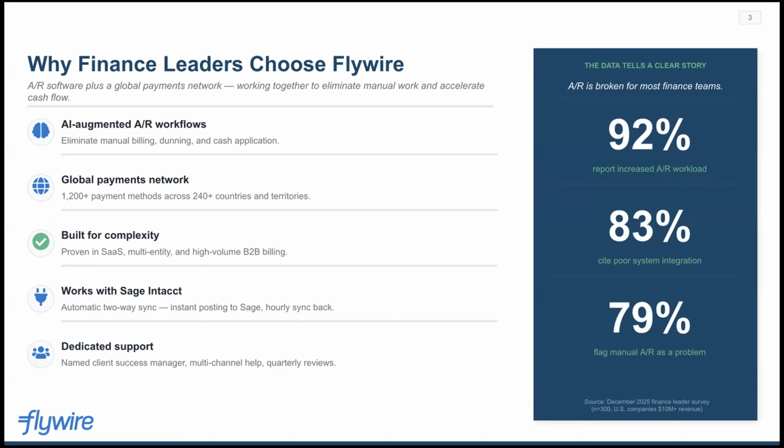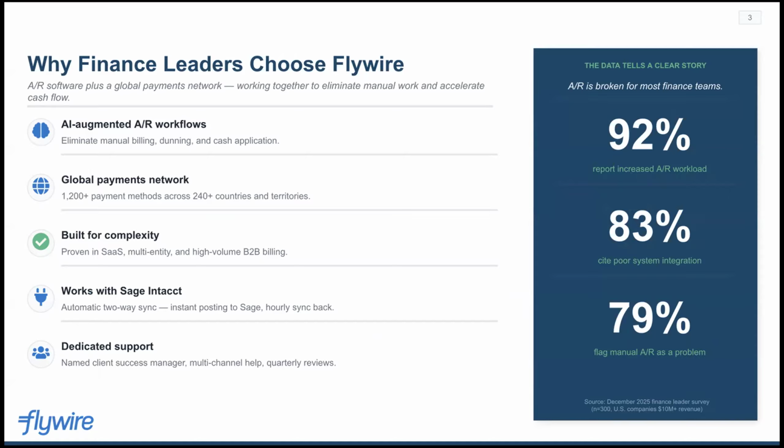They're the areas where the manual work tends to accumulate as organizations grow. And that's why Flywire has solutions like Invoiced to extend Sage Intacct's capabilities with purpose-built accounts receivable automation while keeping Sage as the source of truth.